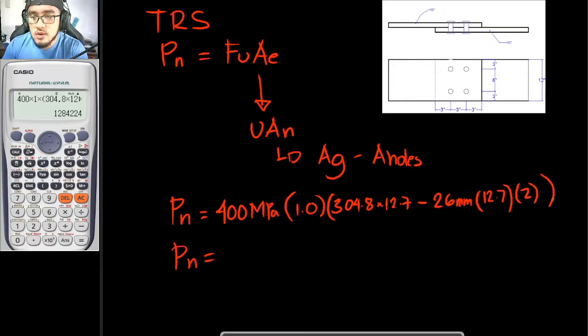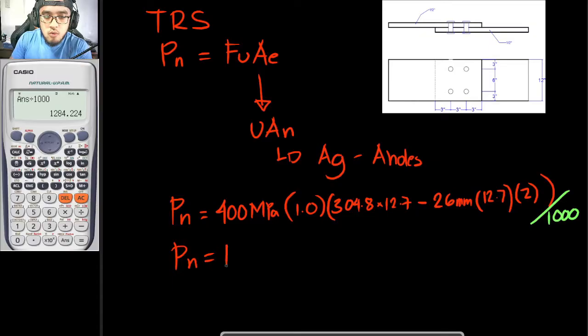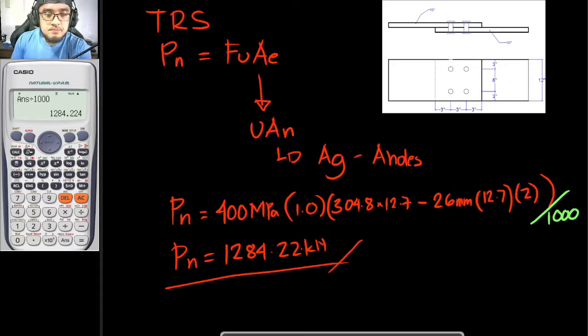But dividing this once again by 1,000 to arrive at an answer in kilonewtons. So divided by 1,000, our answer here is now to be equal to 1284.224 kilonewtons. So this is to be our PN.